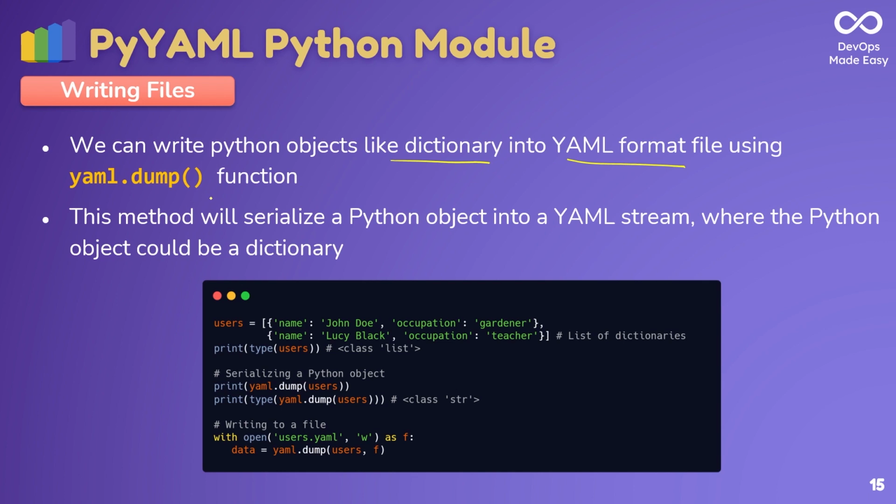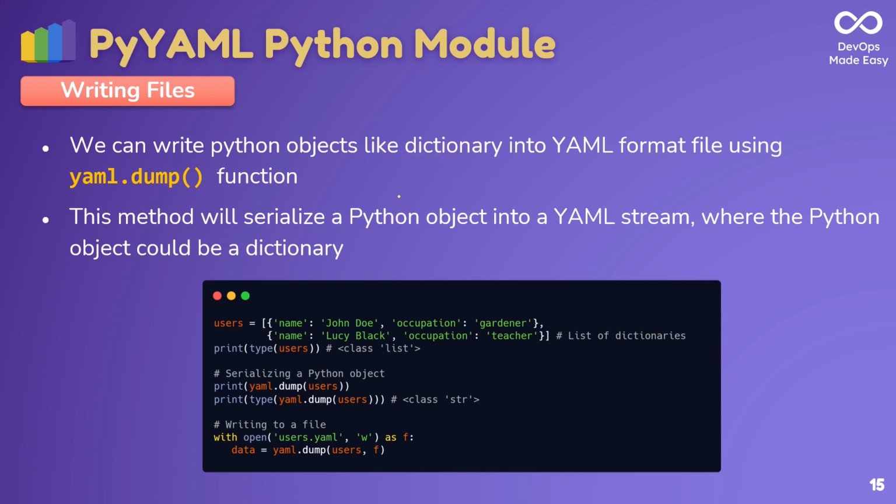So how do we achieve that? We achieve that using the dump function. Earlier we used the load function to convert YAML to dictionary. Now we use the dump function to convert dict to YAML. This is how we convert Python objects like a dictionary and save them as a YAML file.